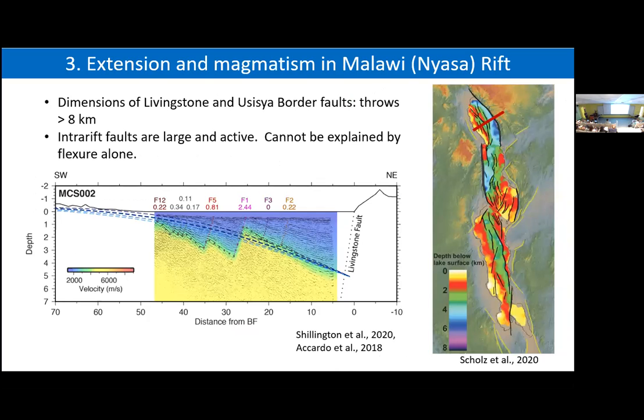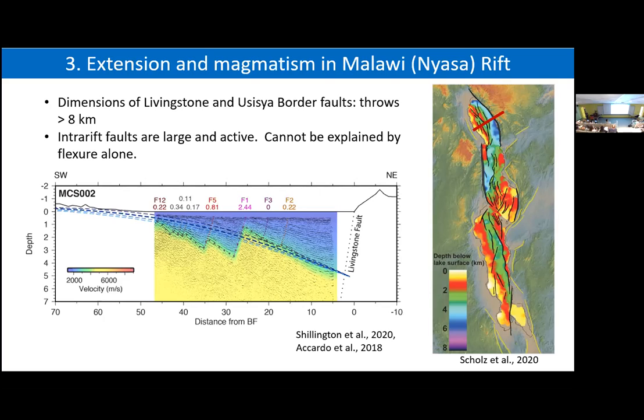First, we're going to take the faulting question. Through a number of studies over the years, we've been able to improve our characterization of the dimensions of the border faults. They're gigantic, among some of the largest in the world. The panel on the right is showing sediment thickness, and these dark black lines are showing the border faults. They're 100 to 150 kilometers long, and have greater than 8 kilometers of total throw that's occurred on them.